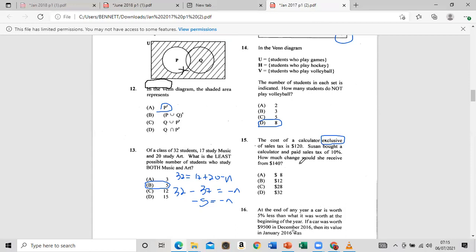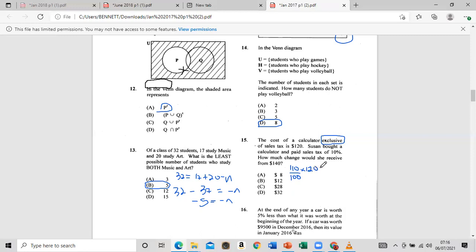So the cost of the calculator is 120, and we're supposed to pay a sales tax of 10%. So we're going to increase it by 10%, so it's going to be 110. Guys, when you add tax, you pay more, all right?